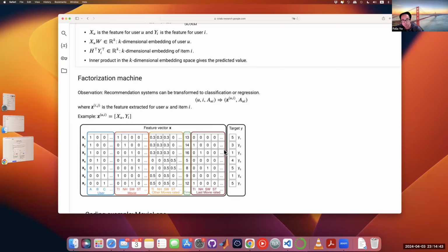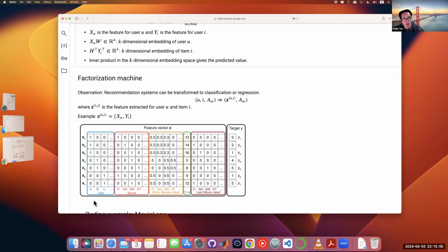So it's more like a regression problem. But once you create this factorization machine, all the regression algorithms that we already did can be applied to this factorization problem. So this actually gives you a way.